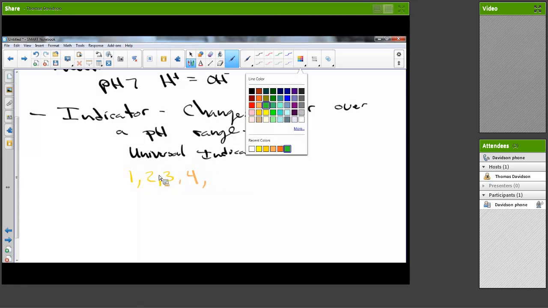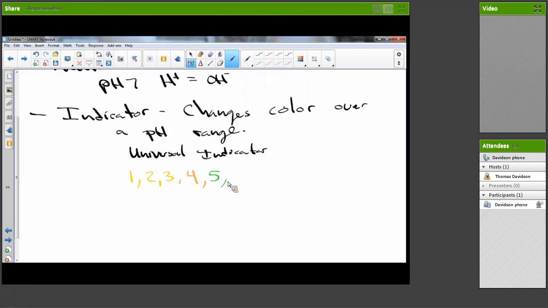So this is like yellow, bright yellow, orangish. Then it starts to turn a little bit green. 5, 6, 7, 8. And then I'm just going to stop wasting time. 9, 10, 11, 12, 13, 14. Okay?